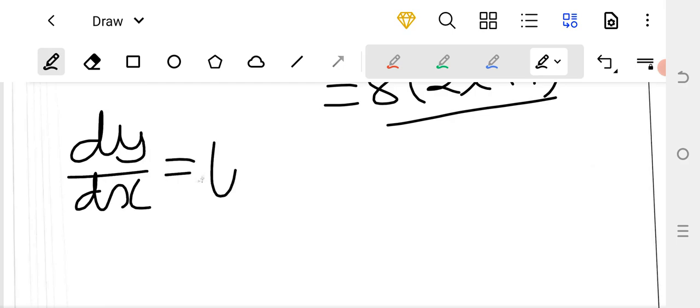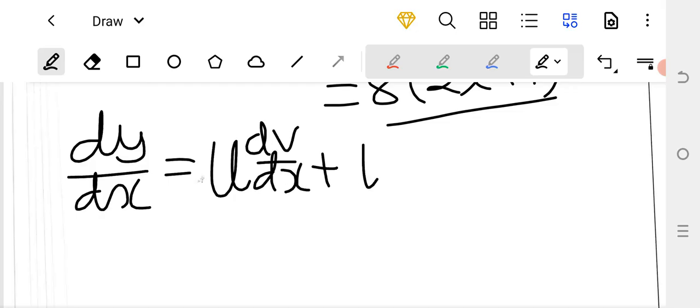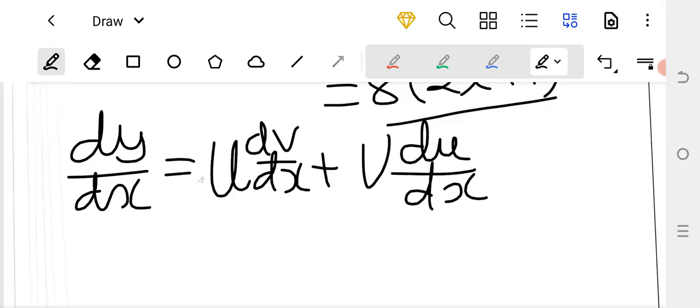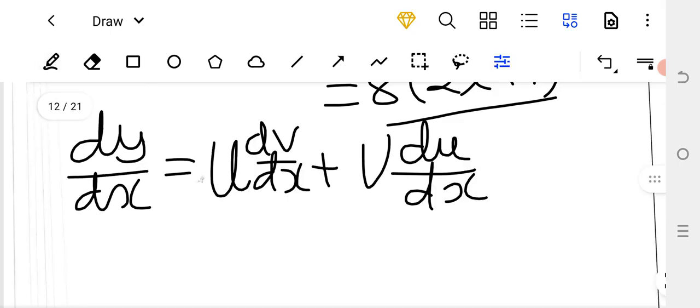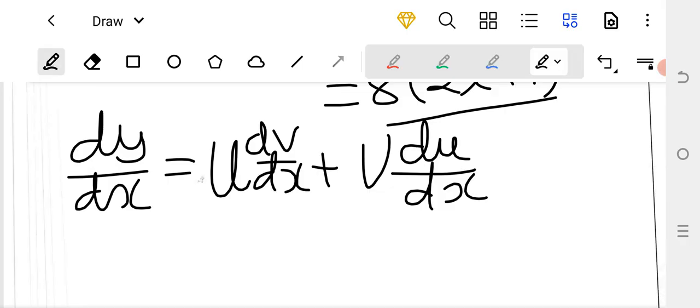And then the formula for the product rule is dy/dx is equal to u dv/dx plus v du/dx.